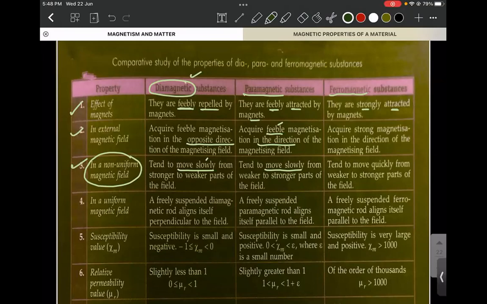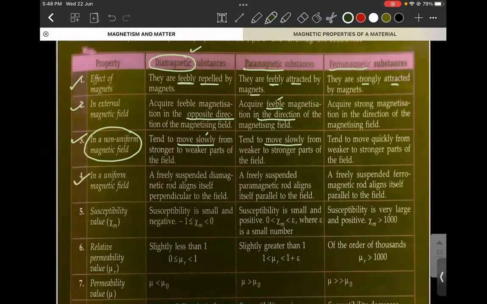Similarly, if you place a diamagnetic substance in a uniform magnetic field, a freely suspended diamagnetic rod aligns itself perpendicular to the field. Why perpendicular to the field? Because perpendicular to the field is the direction of the weaker magnetic field.